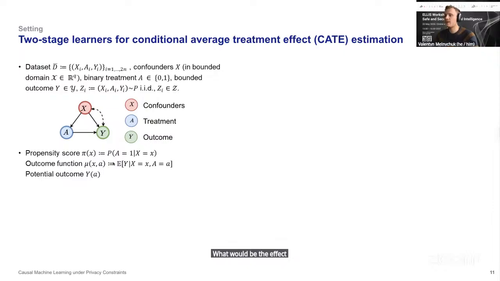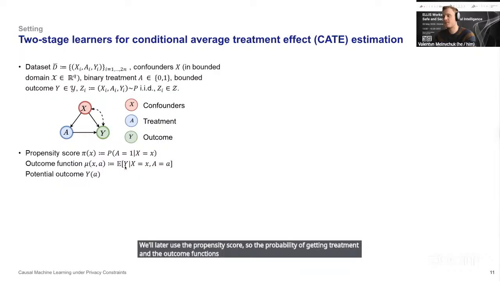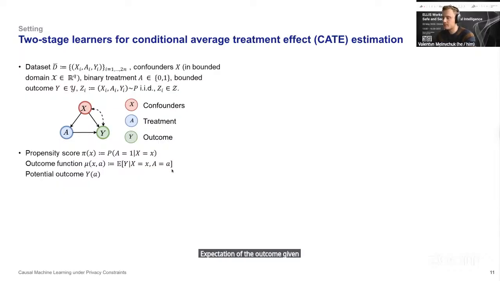For that, we use other useful regressions. For example, we will later use the propensity score, the probability of getting treatment, and the outcome functions, the conditional expectation of the outcome given X and A.